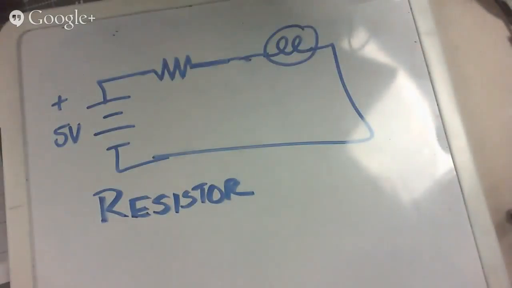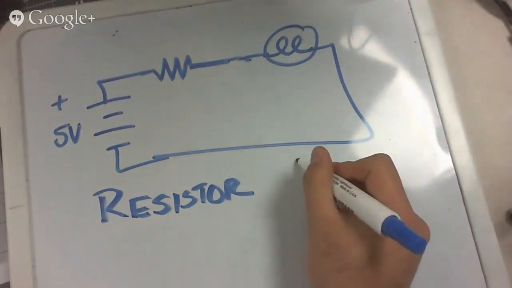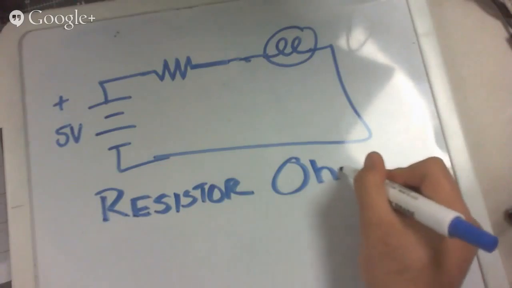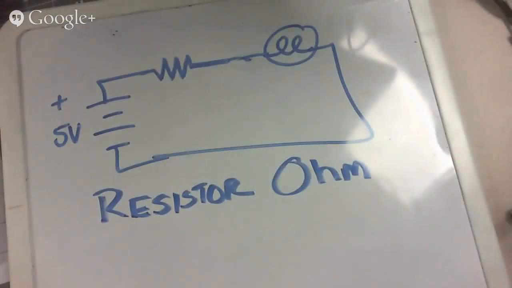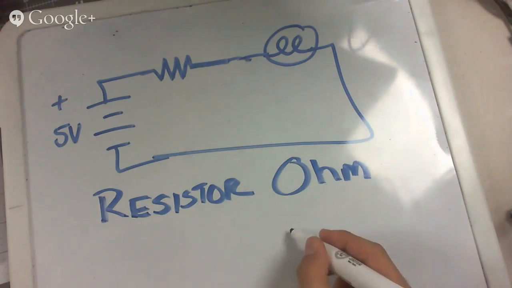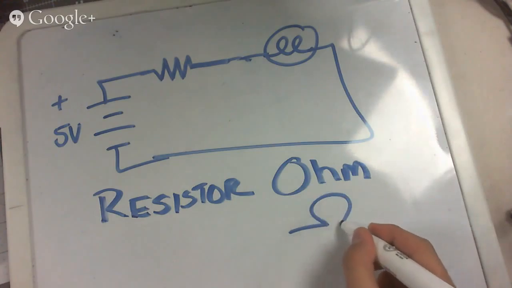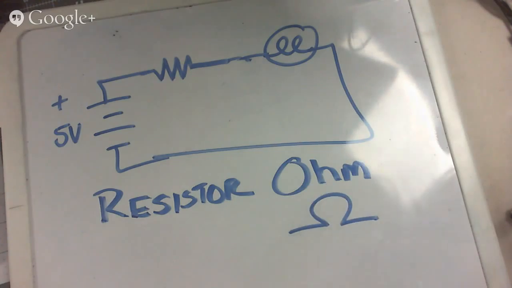So resistors are measured in ohms, O-H-M. The symbol a lot of times will be the Greek letter omega. Someone will correct me if I'm wrong.